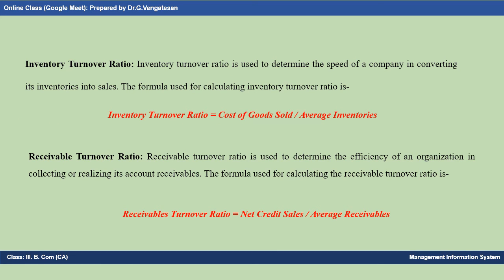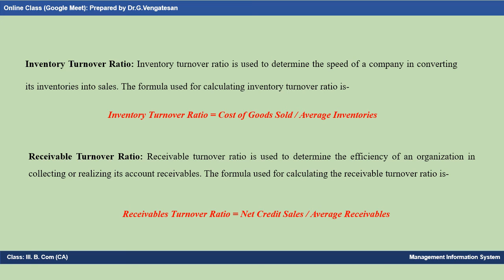And the next one is inventory turnover ratio. The inventory turnover ratio is used to determine the speed of a company in converting its inventory into sales. Here, the inventory turnover ratio is also known as stock velocity ratio and stock turnover ratio.